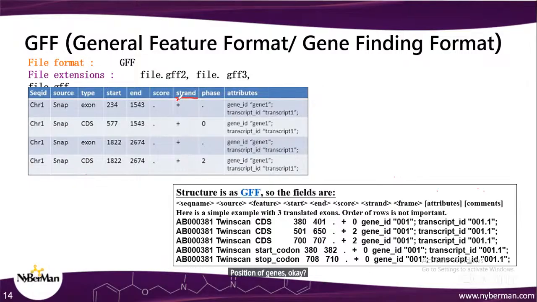Sometimes when the gene is from 5 prime to 3 prime, it will be called on the positive strand. If the sequence is from 3 prime to 5 prime, it will be called on the negative strand. So strand information is there in the GFF file format, and for the extension, we have .gff2 or gff3 or just GFF. So these file formats are there which can help us to explore data in more detail.